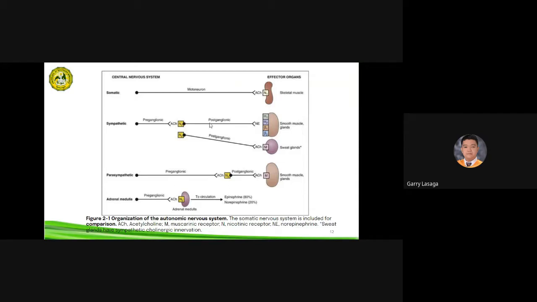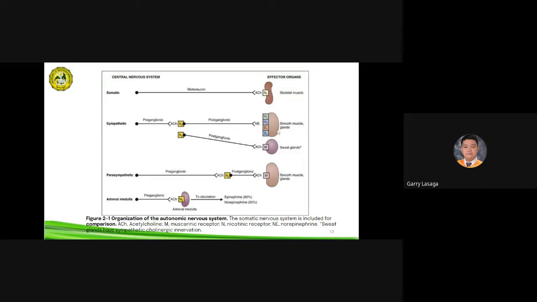This portion here is the postganglionic neuron of our sympathetic nervous system, and it is responsible for the release of NE, or norepinephrine. It will act on the effector organs, which in this case are the smooth muscle and the glands.